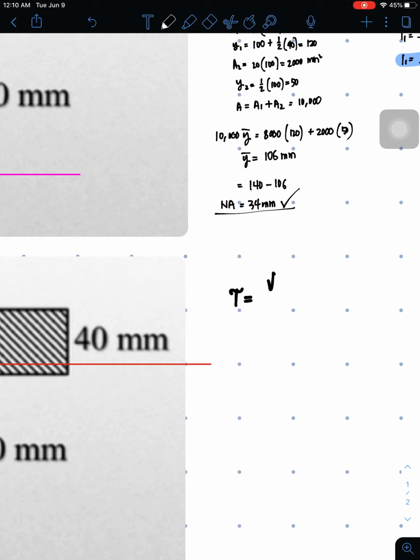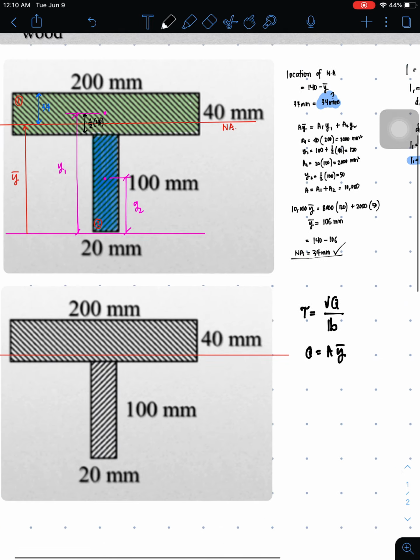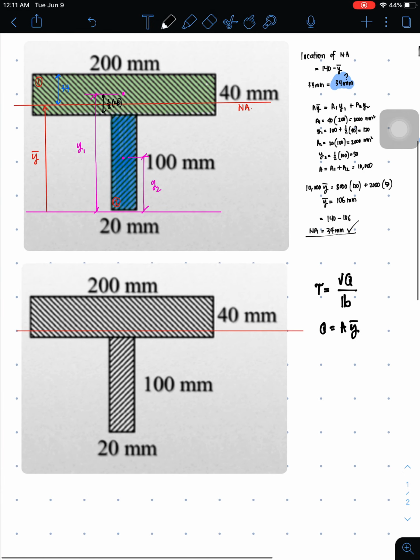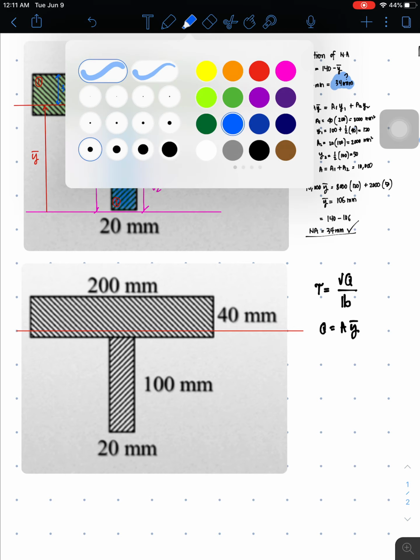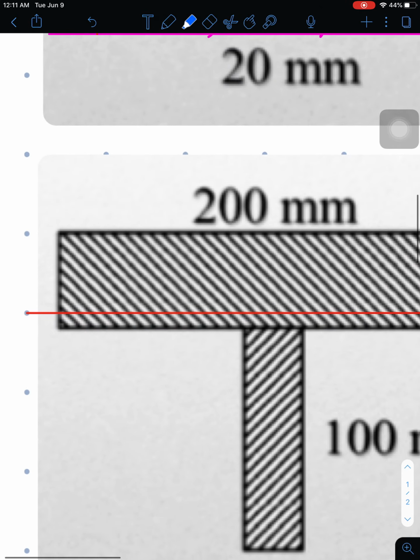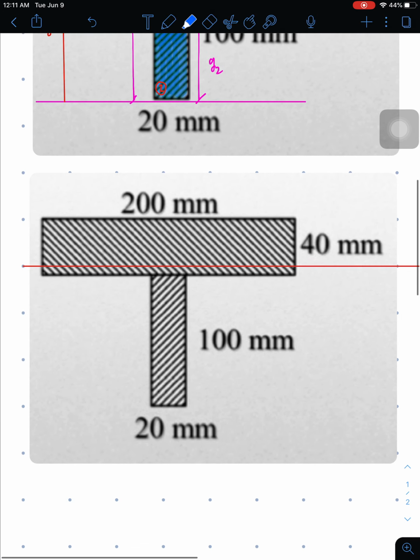Shear stress is VQ over IB. And then Q is area times barred Y. This barred Y is not the 106 that we got. This barred Y is the location of the centroid of the area that we will consider. I hope that clarifies it. Actually, for the area to consider, you have two choices, and I'm going to let you choose which is better.